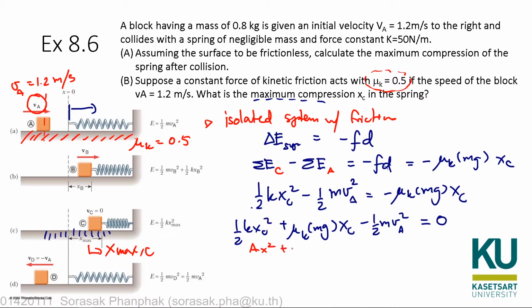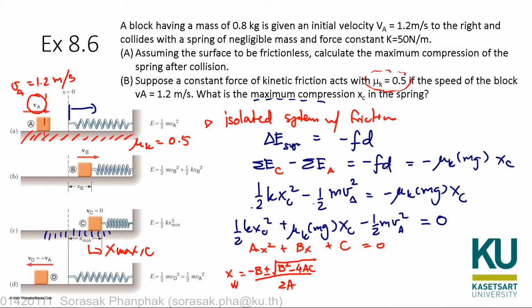Ax square plus bx plus c equal to 0. If we would like to determine x, you can use the formula x equals minus b plus or minus root b square minus 4ac, over 2a, so that you can determine x in this case.